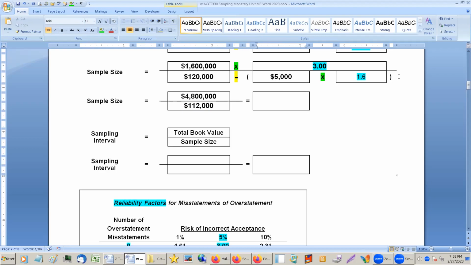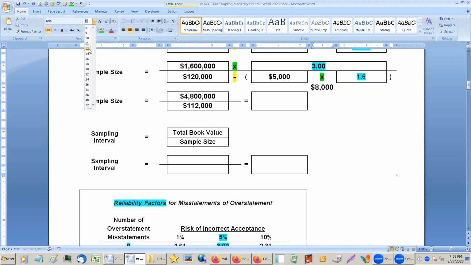So this comes out to be 8,000 under here. Five times 1.6, so 120,000 minus 8,000.